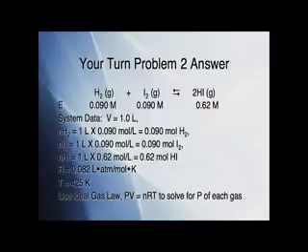It's really nice here because the volume of the flask is 1 liter, so it's just 1 liter times 0.090 moles per liter, which gives us 0.090 moles each of hydrogen and iodine, and then 1 liter times 0.62 moles per liter of hydrogen iodide gives us 0.62 moles of hydrogen iodide.